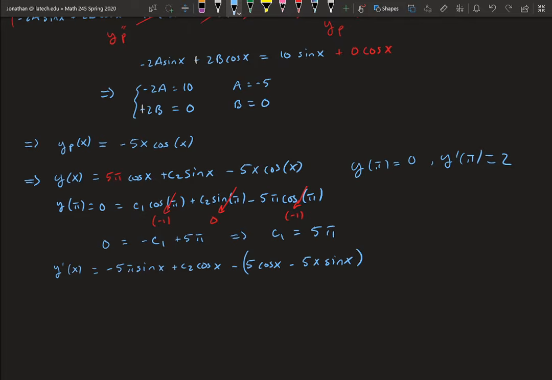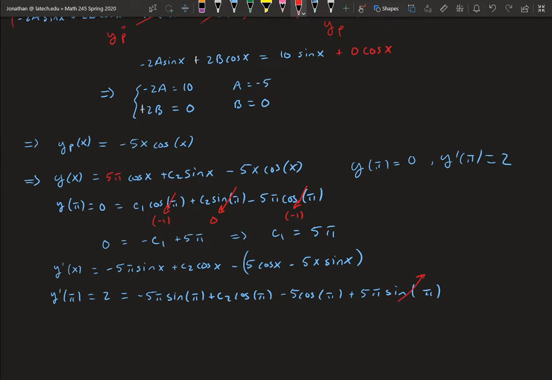And now y prime of pi should be 2. So y prime of pi equals 2. That's going to be negative 5 pi times sine of pi plus c2 cosine of pi minus 5 cosine of pi plus 5 pi sine of pi.